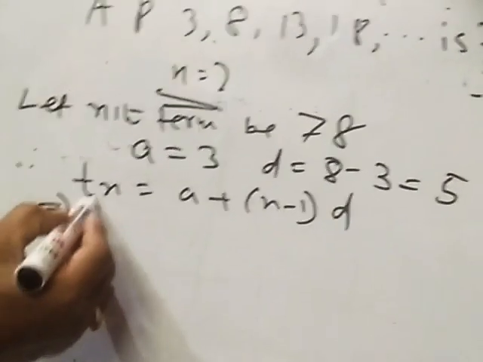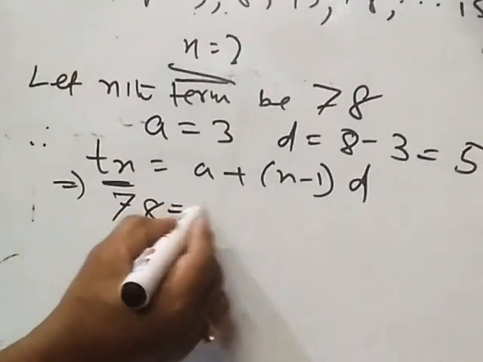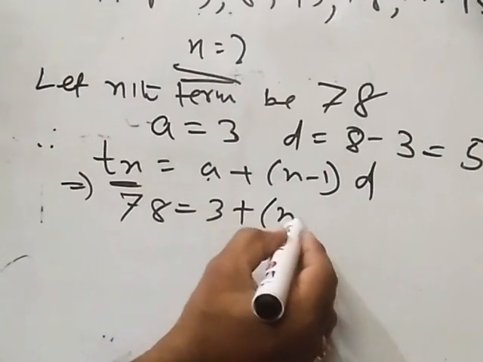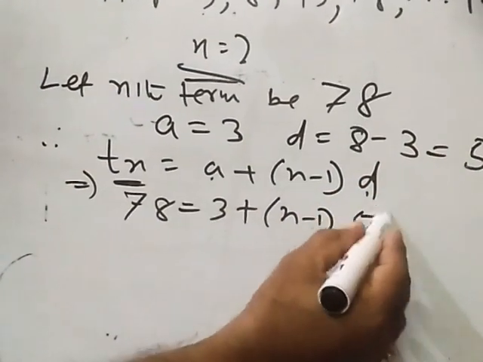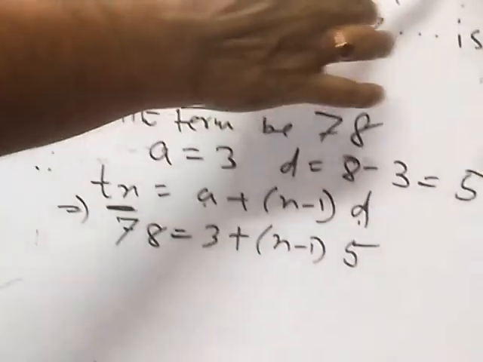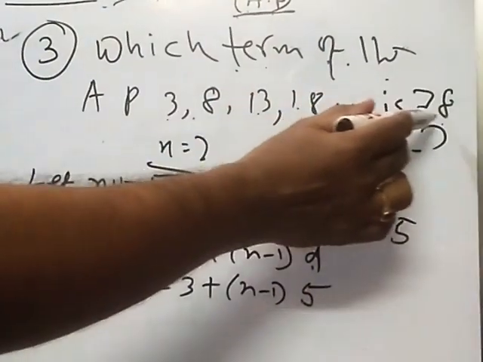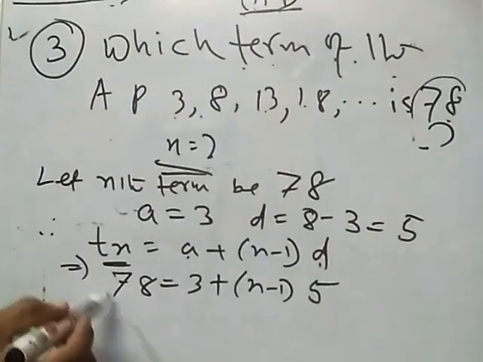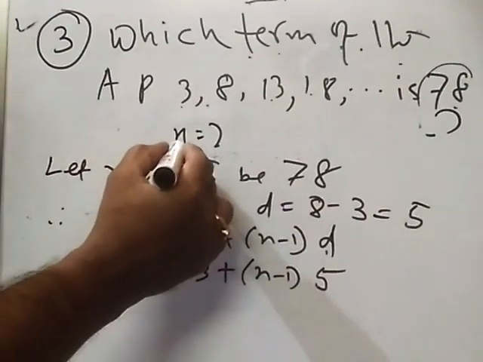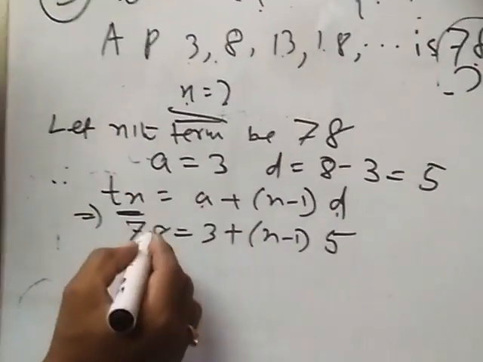Tn here means 78, equal to the value of a, 3, plus (n minus 1) times d, which is 5. Look very carefully: which term of the AP 3, 8, 13, 18 is 78? So this is the value of Tn. They are asking to find the value of n. So now solve it.